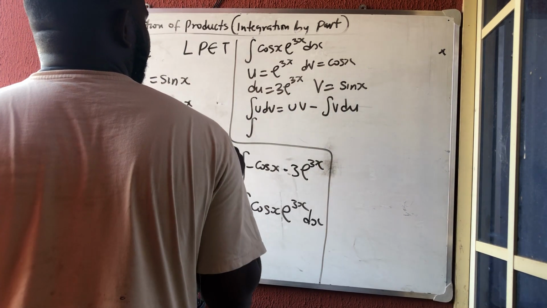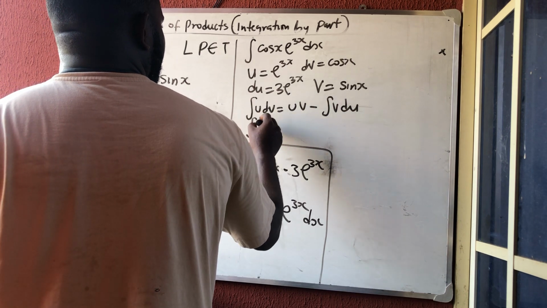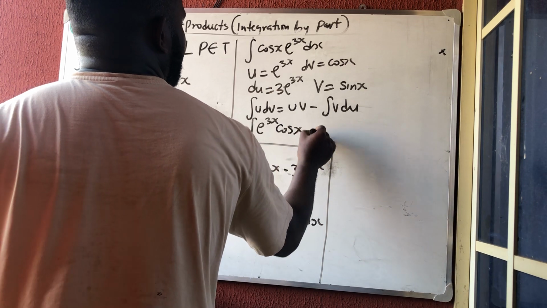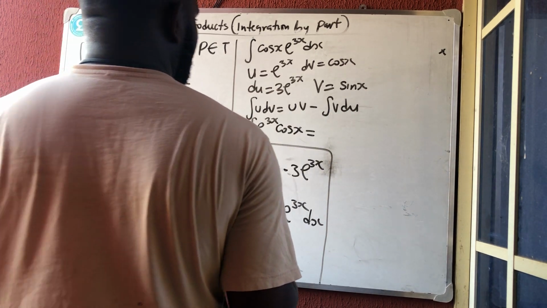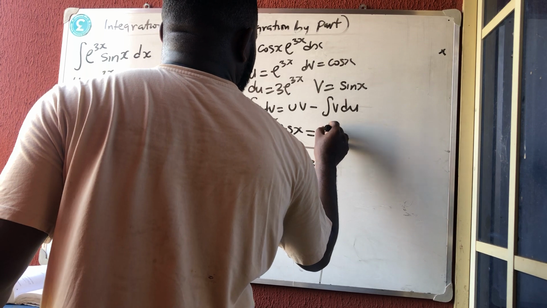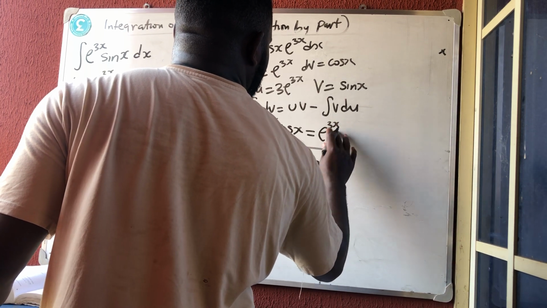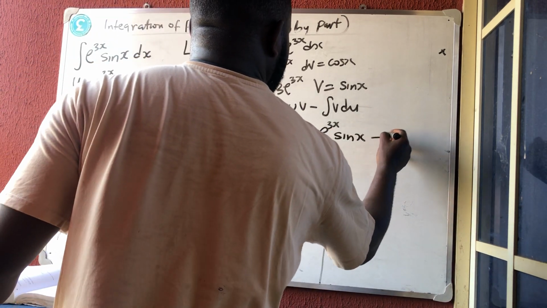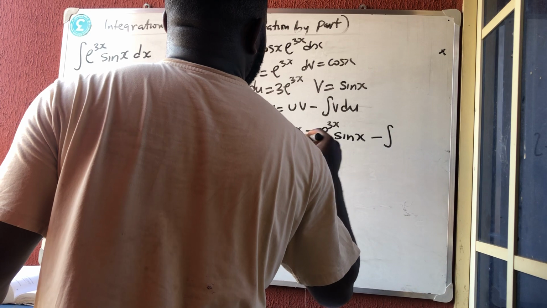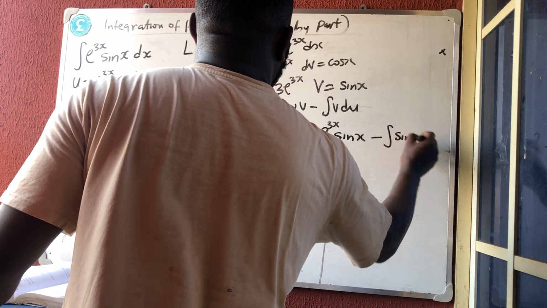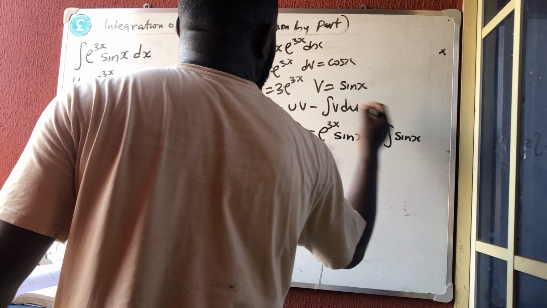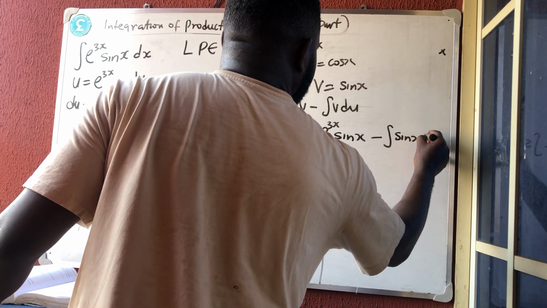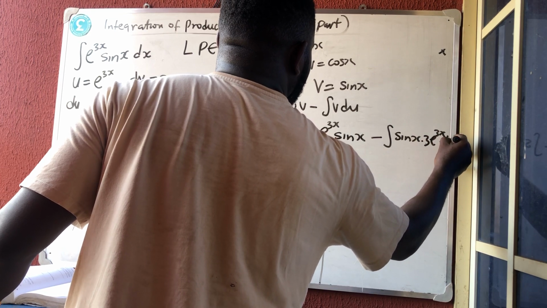The integral of e raised to power 3x cos x dx is equal to uv, where u is e raised to power 3x and v is sine x, minus the integral of v, which is sine x, times du, which is 3 e raised to power 3x dx.